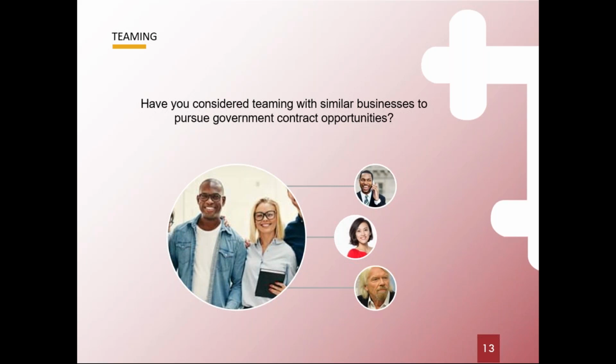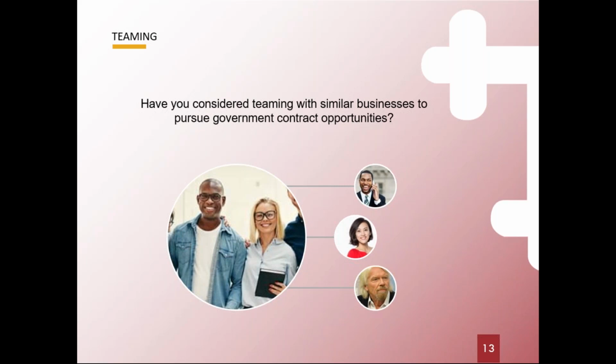Avoid teaming agreements with parties that 1, share common ownership control, 2, have identical business and economic interests, and 3, would be deemed to form an ostensible subcontractor relationship based on tasks being performed by the prime. So be careful with your teaming agreements.